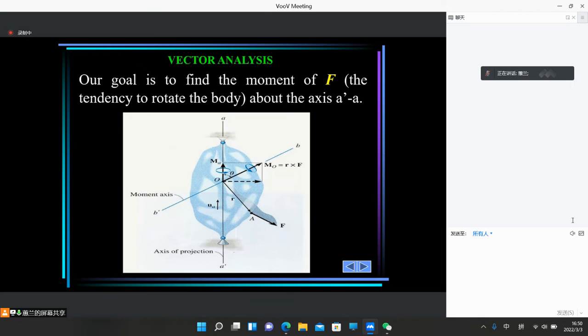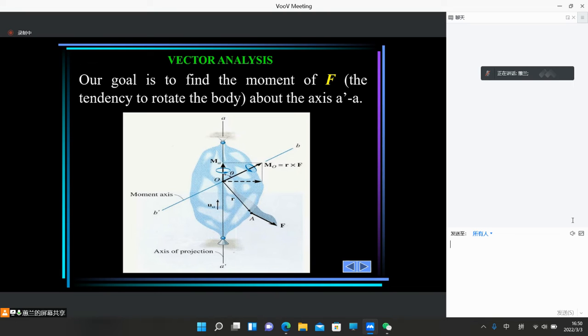And we know how to calculate the projection of a vector on an axis: use the dot product of the unit vector along AA prime dot the vector. That's what we have learned before.